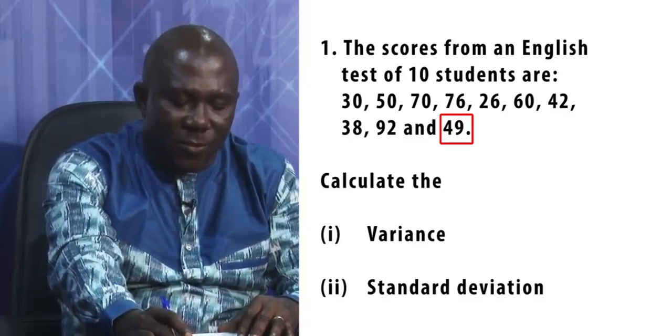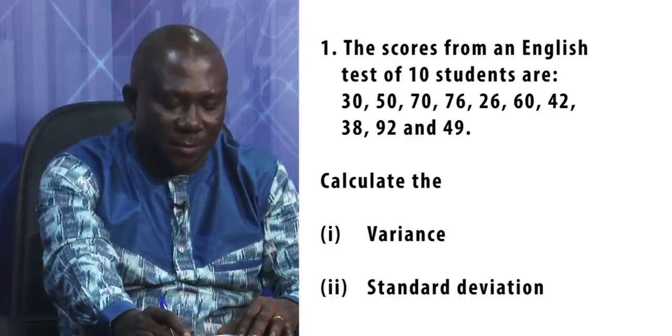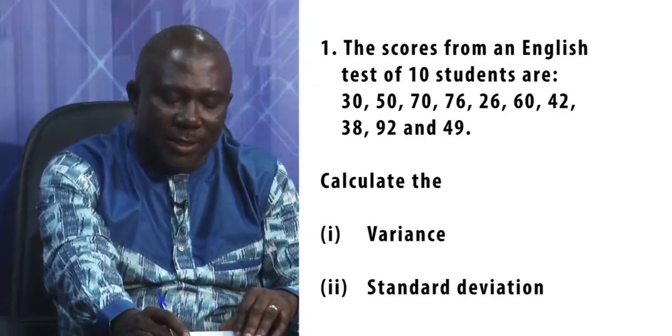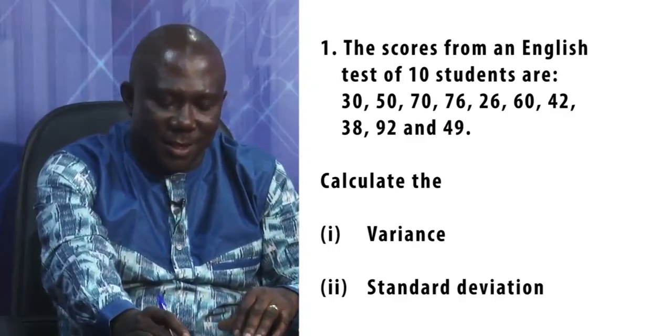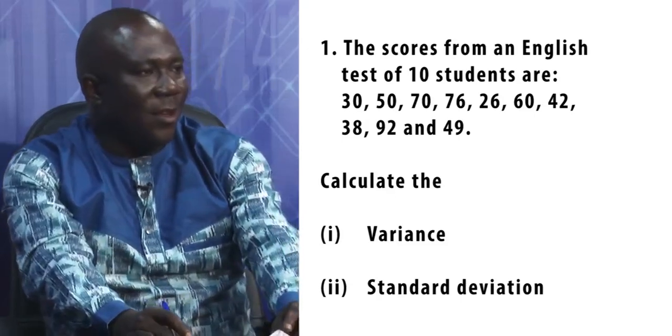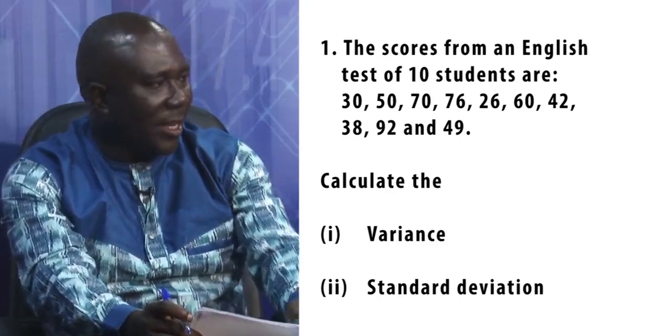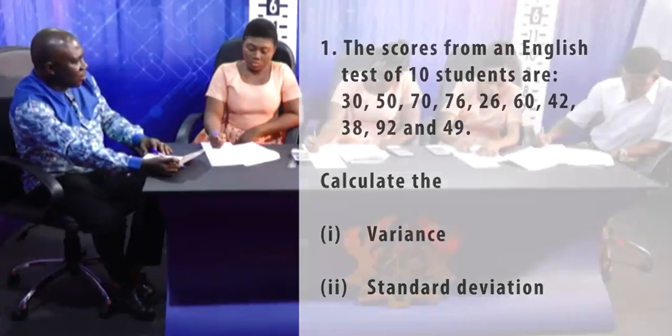Calculate 1. The variance. 2. The standard deviation. I want to invite Vanessa, or you all try it, and when you are ready, Vanessa will take us through the solution.